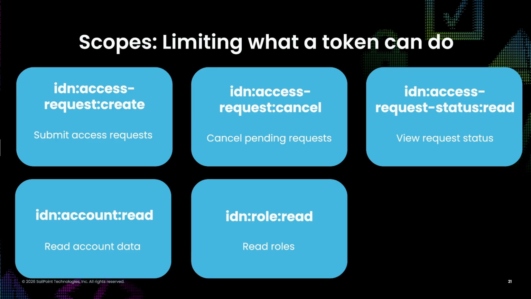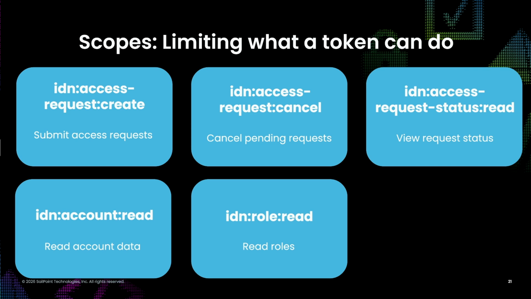In ISC, authorization works through scopes. When you create your personal access token with specific scopes, you can choose which operations that token is allowed to perform, like we did when adding that scope's default to our personal access token. Each scope is its own key that unlocks a specific set of endpoints. So having a create scope does not give you the ability to cancel requests or read any statuses.